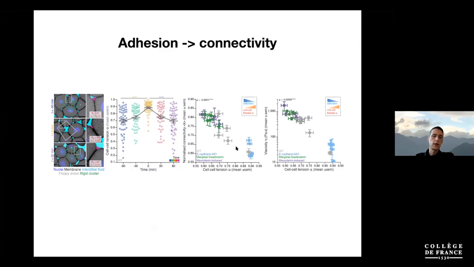So the connectivity really scales here with adhesion of cells, or the ratio of interfacial tension between cells. And likewise, and this is quite important, the viscosity sharply changes right at a certain cell-cell tension value, below which the cells are losing contact and above which the cells are in contact. And this is the viscosity again following that. That puts together this framework of interfacial tensions determining cell-cell contacts and contact size, and this percolation theory where we are assuming that cells are in contact once they are in proximity to each other.